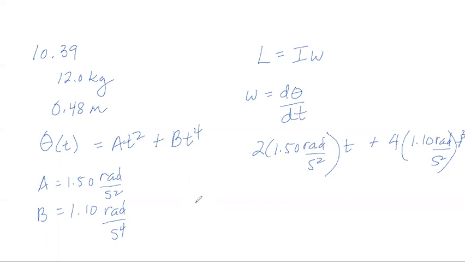So omega at 3 seconds, if you put 3 seconds here and 3 seconds cubed there, you're going to get 128 radians per second.